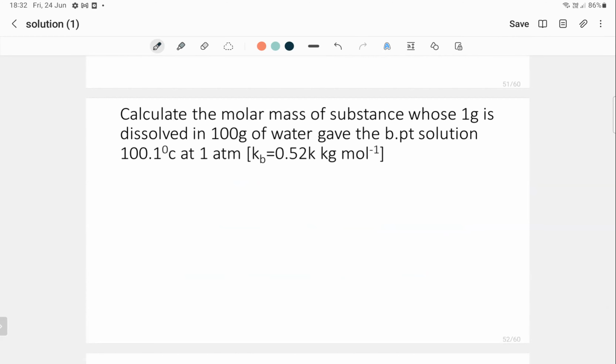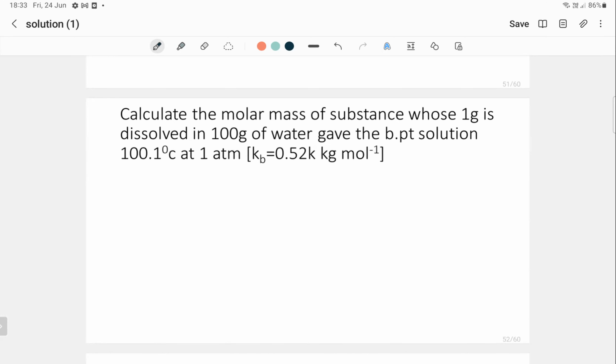Can you scroll up? Which means convert it into Kelvin. Wait. Okay. Here they have given the boiling point of the solution. They have given your del TB. Del TB is equal to your TB minus T naught B, right?